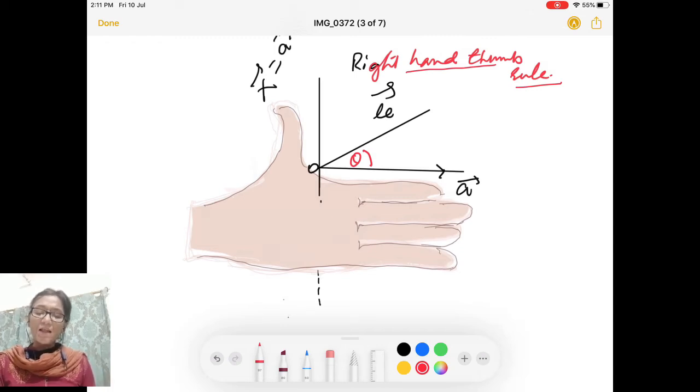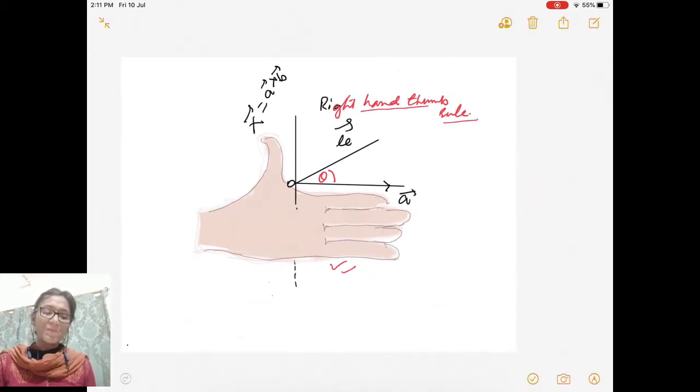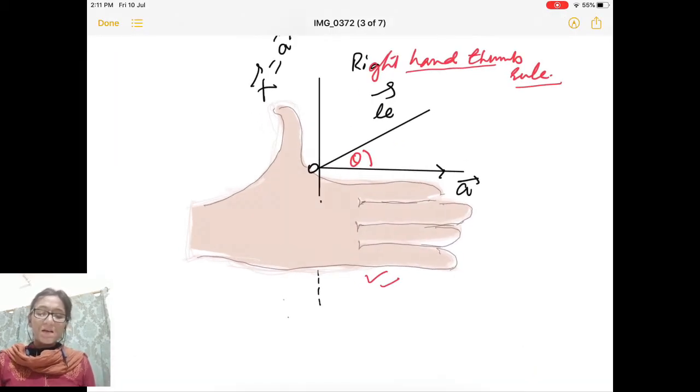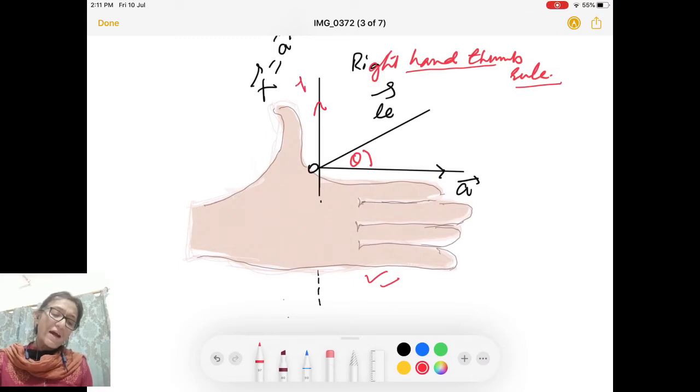You keep all the fingers straight, as shown in the diagram, along the first vector. The first vector is A. Keep all the fingers of your hand along the first vector, keeping the thumb at 90 degrees vertically upward, and move from the first vector to the second vector, and you will find that your thumb is pointing upward along the y-axis.